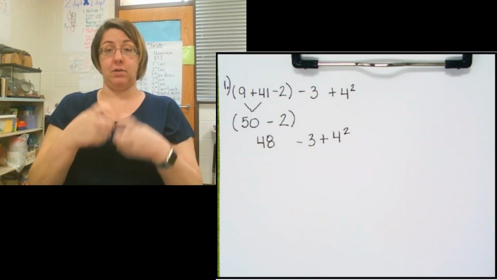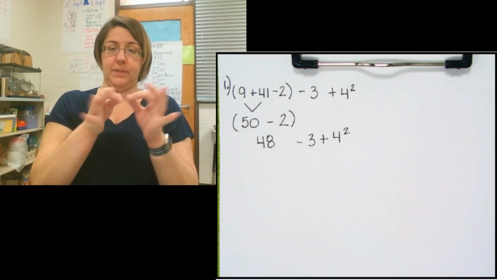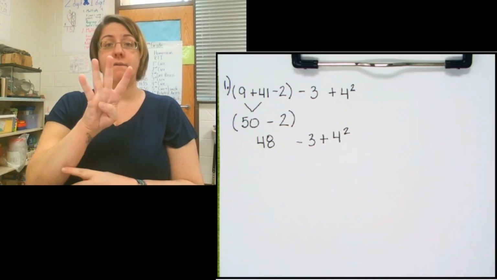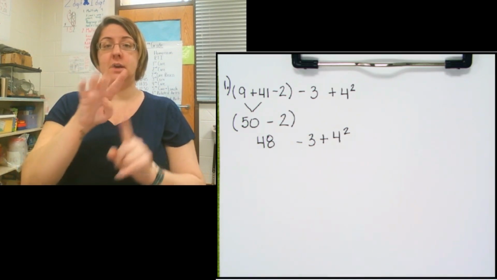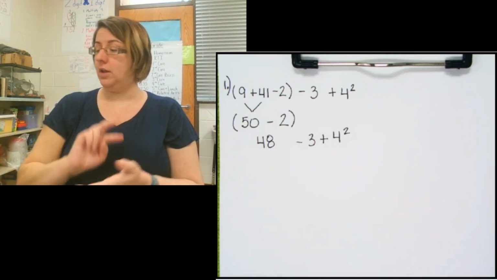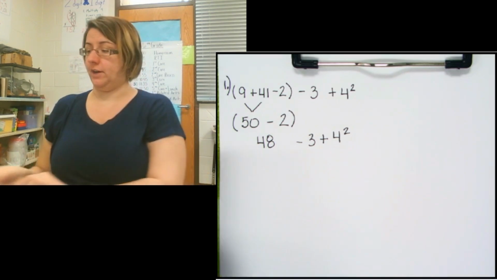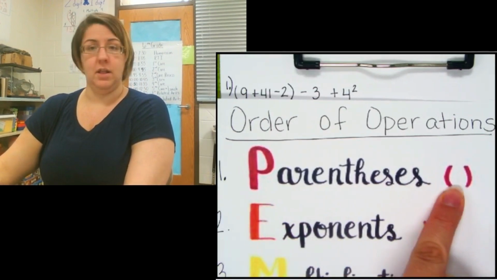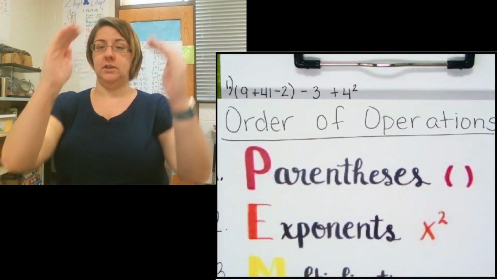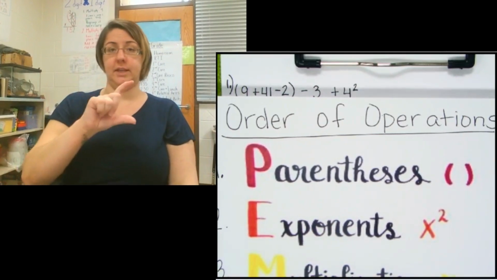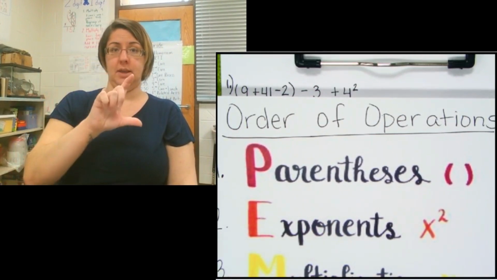So now our problem or expression looks like 48 minus 3 plus 4 to the second power. So what are we going to do first? Well, there are no more parentheses. We are finished with that. So next is exponents.